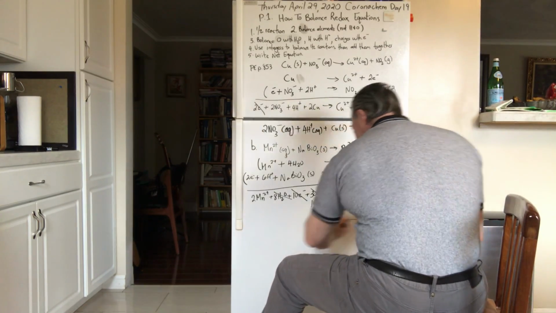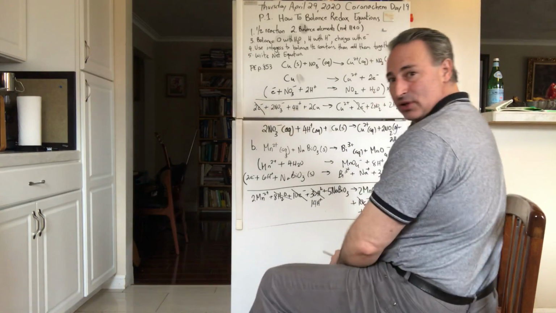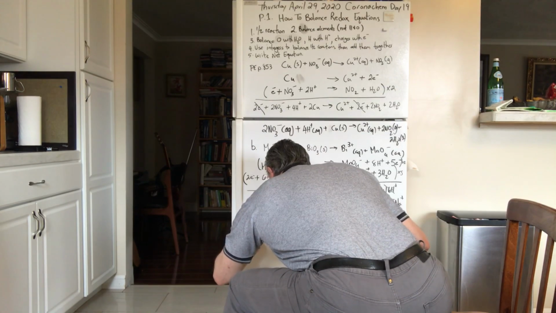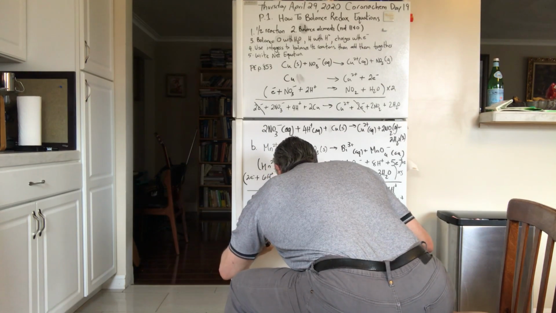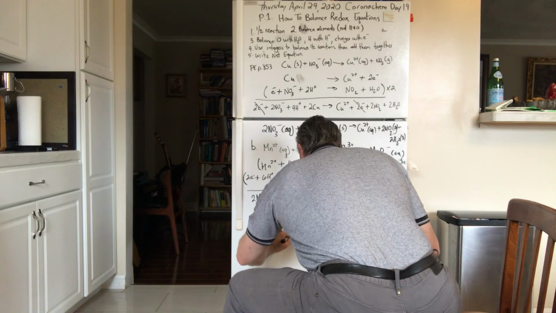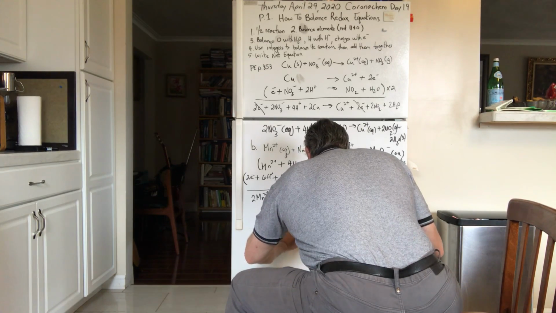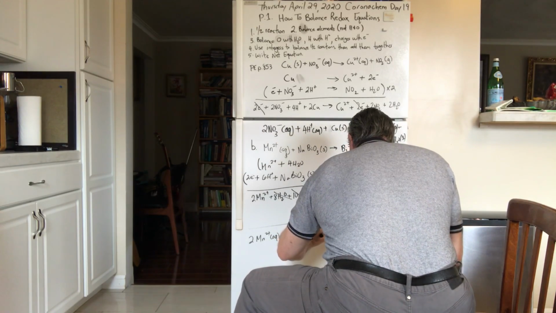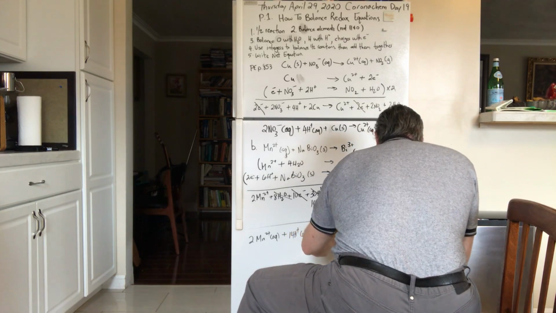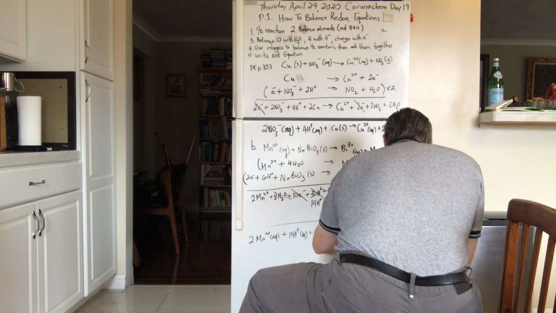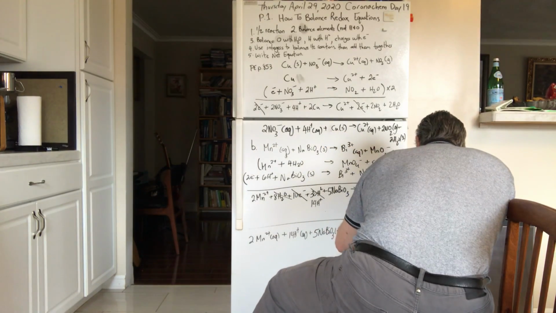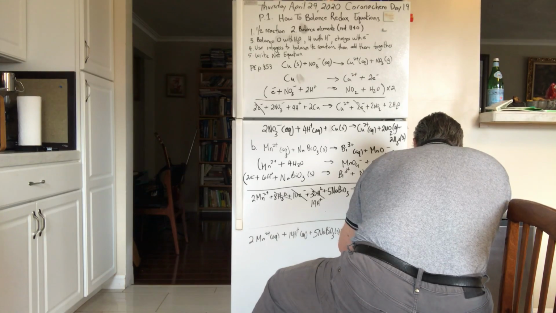And I think now we're ready to write our net equation, which you can still see, I gather. Okay, so we have at the end 2 Mn2+ aqueous plus 14 hydrogens aqueous plus 5 NaBiO3 solid, giving you 2 permanganates aqueous plus 5 bismuth 3+.